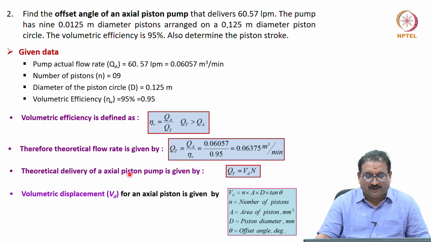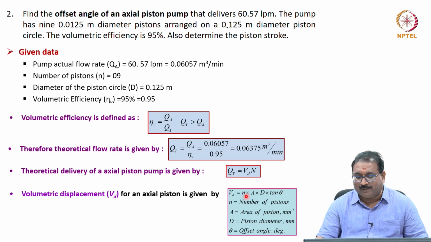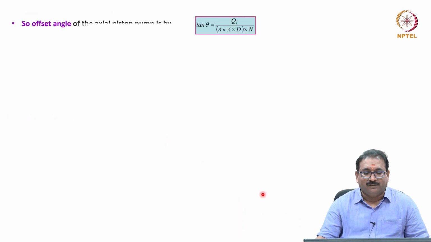Then theoretical delivery of the piston pump is given by QT equal to Vd into N, friends. Then volumetric displacement of the axial piston pump is given by Vd equal to, already we are seeing, N is the number of pistons multiplied by the area into D multiplied by tan theta. Theta is offset angle. Then what we will do?